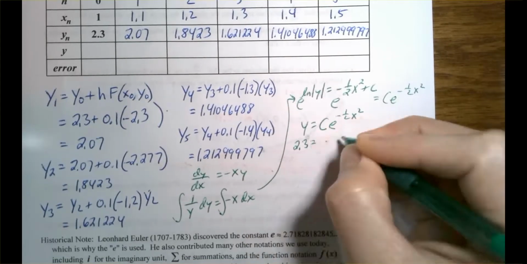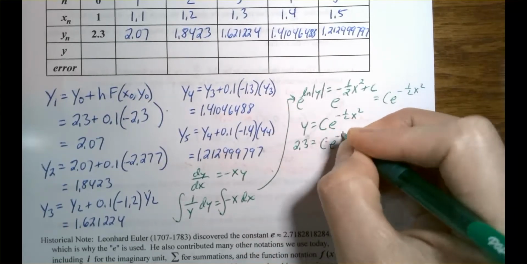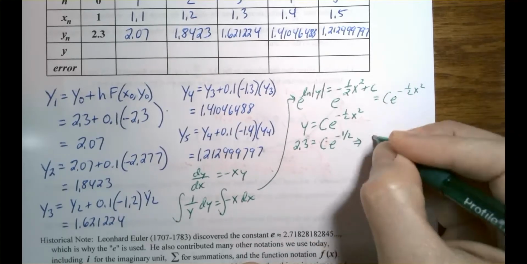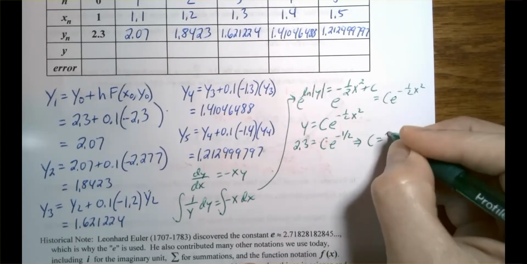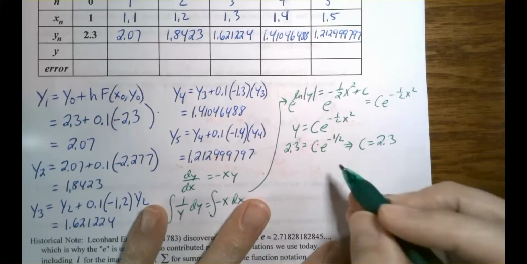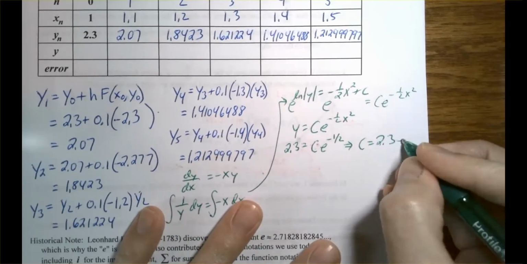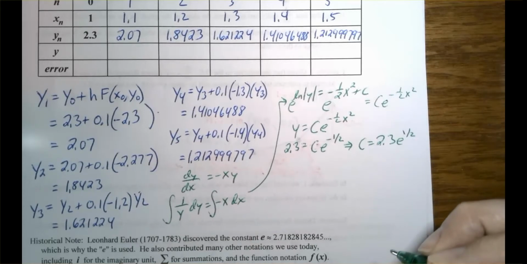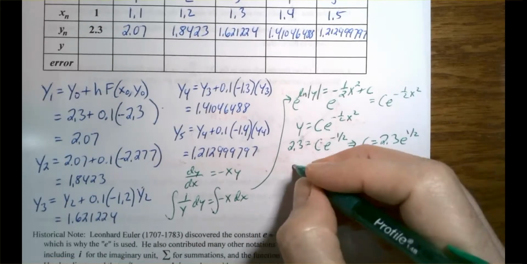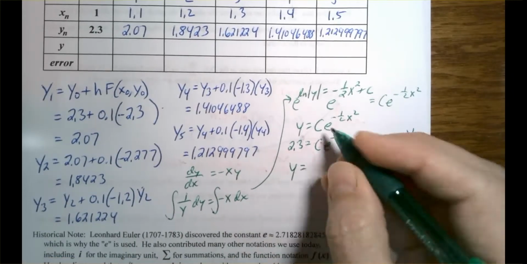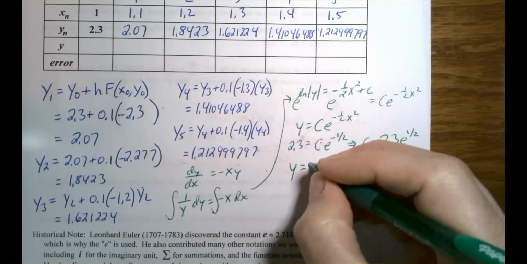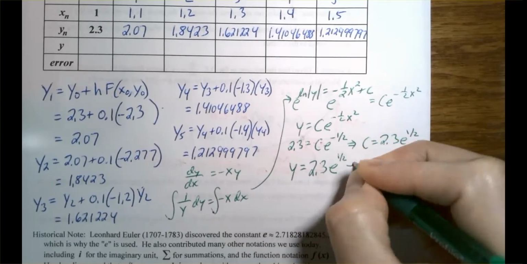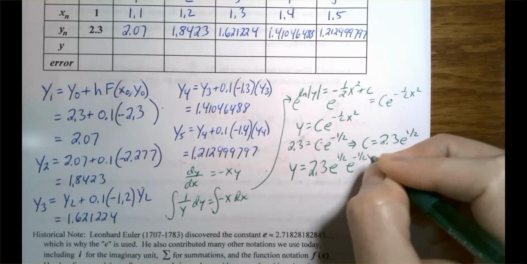So 2.3 is equal to c times e to the negative 1/2. So that means that my constant c is equal to 2.3 divided by e to the negative 1/2. That's the same thing as multiplying by e to the 1/2. And so my function, for the actual particular solution here, is 2.3 e to the 1/2 times e to the minus 1/2 x squared.